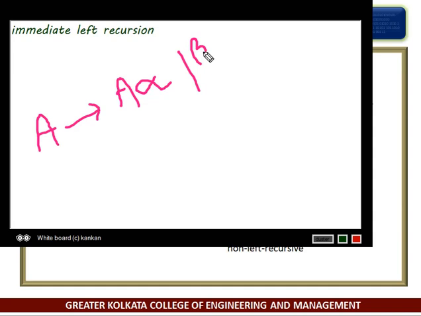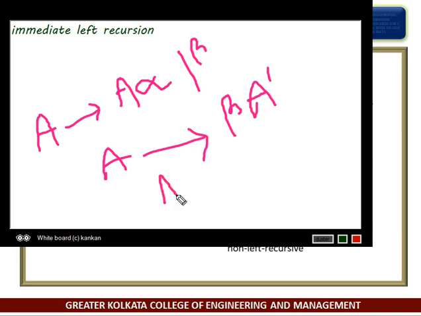That could be replaced by the non-left-recursive productions: A to beta A dash, and A dash to alpha A dash or epsilon.